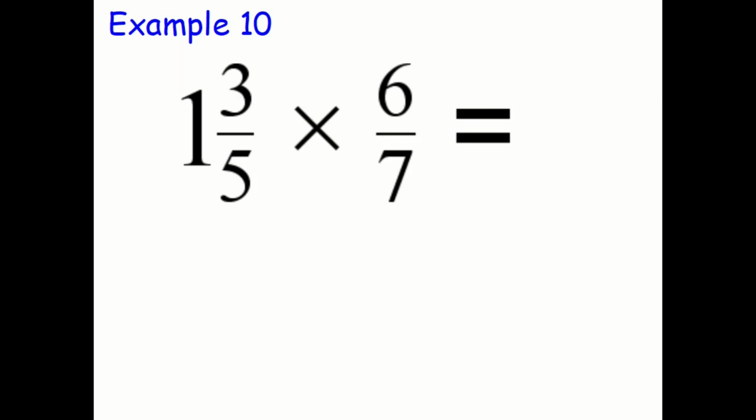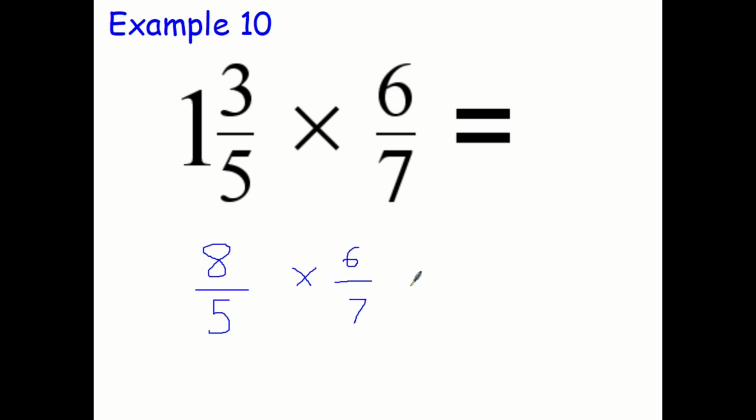Example 10. 1 3/5 multiplied by 6/7. Okay, so what should we do here? If we're presented with a mixed number, I strongly recommend you convert it into an improper fraction first. There is a video on changing between improper fractions and mixed numbers if you want a reminder of those. Go and watch that now. 1 3/5 is, well, there's 5/5 in one cake, so there are 8/5 in 1 3/5, and multiply by 6/7.